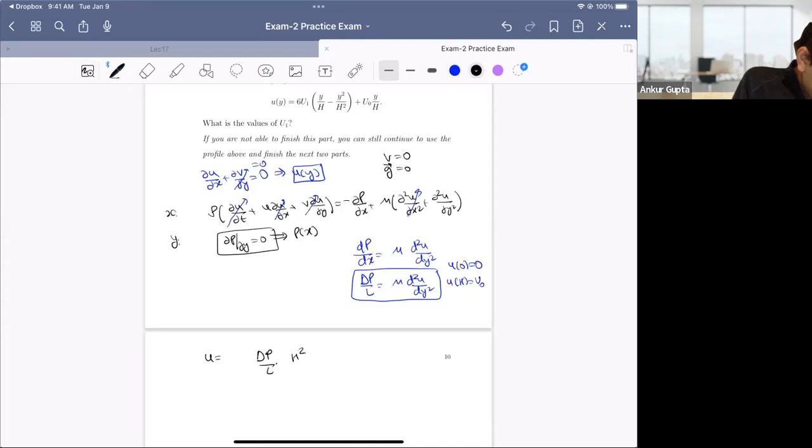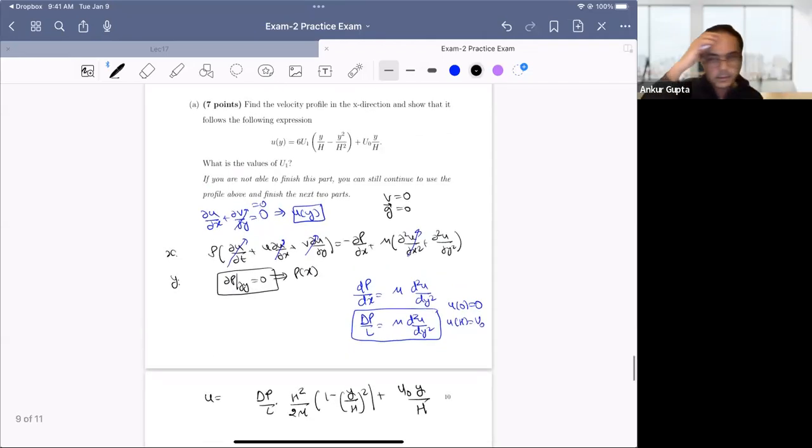I will just quickly write this just because I've seen this kind of many times. All right, so this is the answer we should expect.